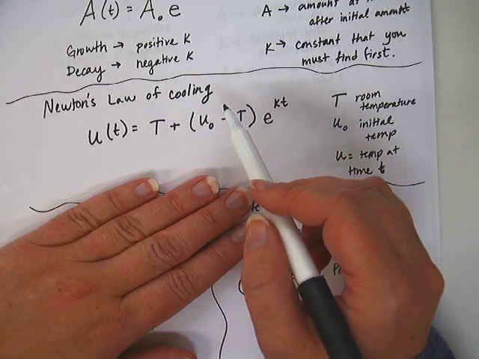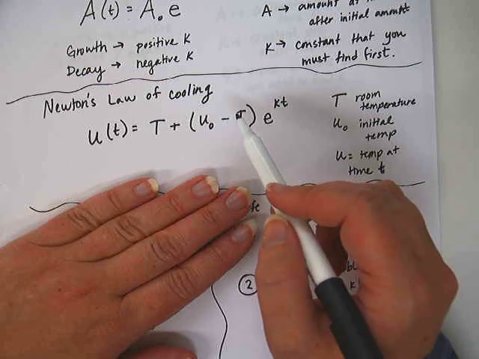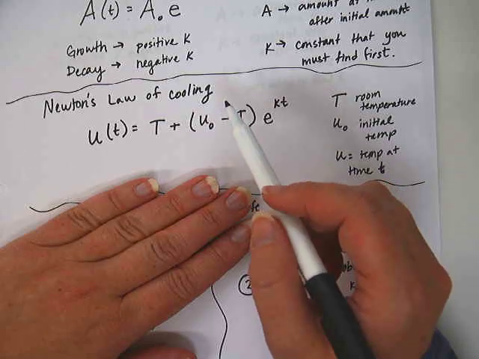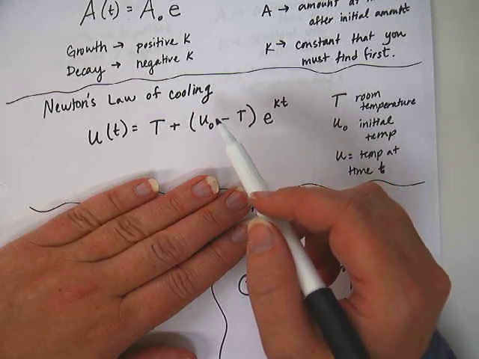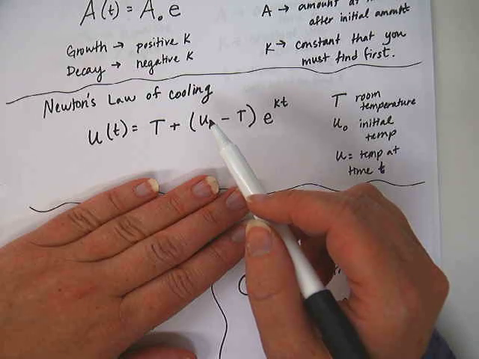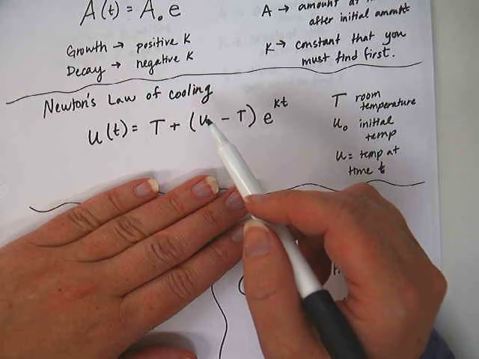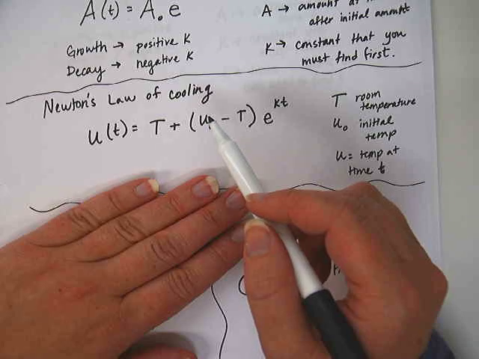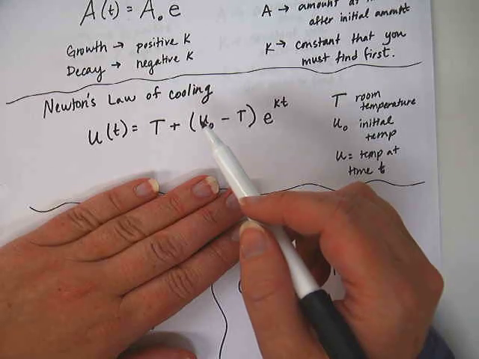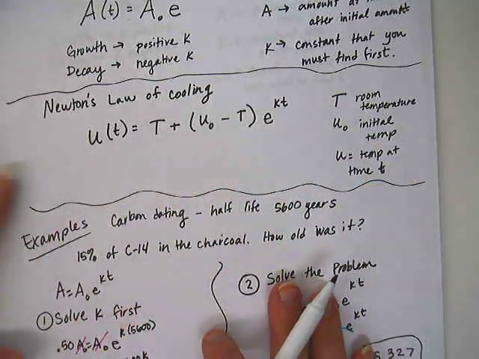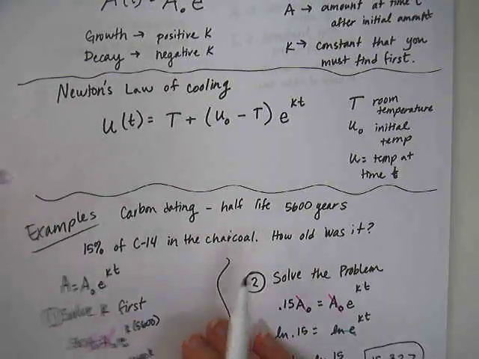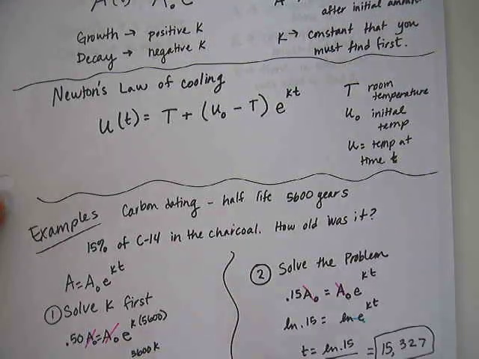Okay, and what this allows you to do is figure out how long it takes a pizza to cool off from a 400-degree oven so it's cool enough to eat, or just things like that. Or there might be problems like how long can you leave chicken sitting out on the counter before it gets to a temperature that it starts to breed bacteria and becomes unsafe. So it does have its purpose.